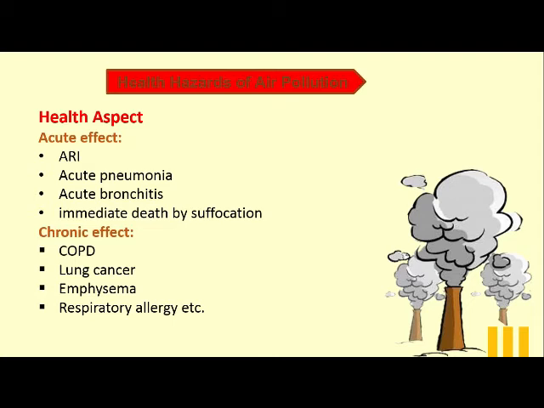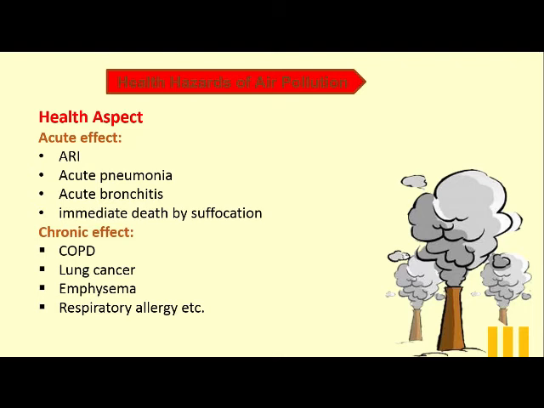Air pollution can affect human beings in 2 ways. First of all, the health aspect. The health effects of air pollution are both immediate and delayed. The immediate effects are borne by the respiratory system.